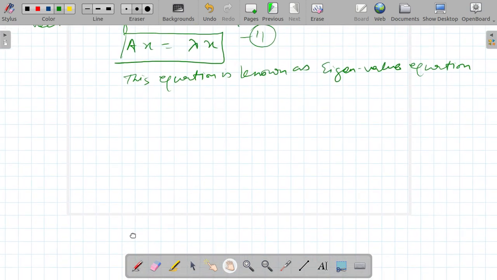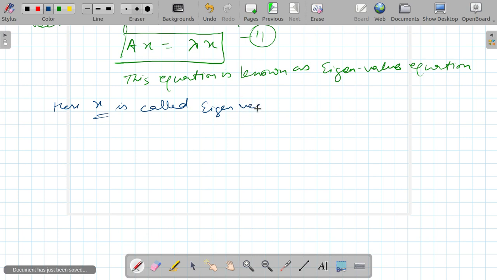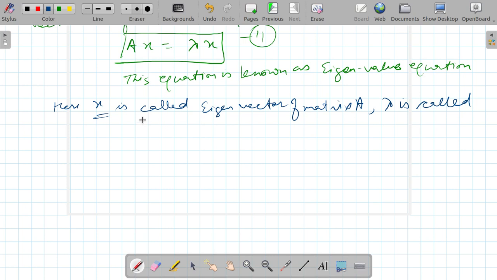Here, X is called the eigenvector of matrix A, and lambda is called the eigenvalue of A corresponding to eigenvector X.